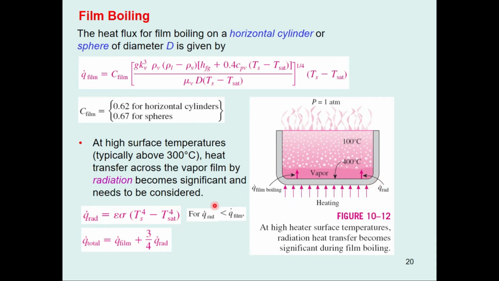The Q radiation heat transfer is given by this expression, and it is always less than the Q film. The overall or total heat flux in the film boiling regime is given by this expression: Q film overall is equal to Q film plus 3/4 of the heat transfer by radiation. So this is the expression for the film boiling regime to determine the heat transfer rate.